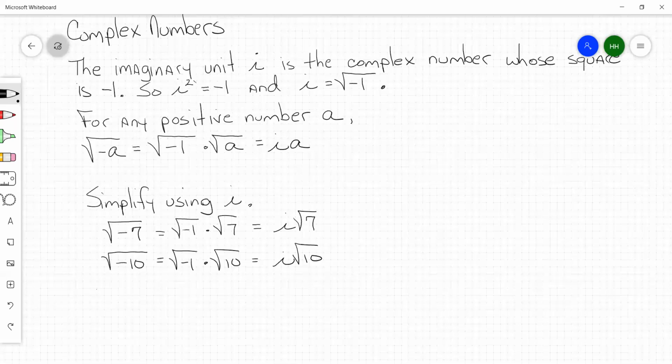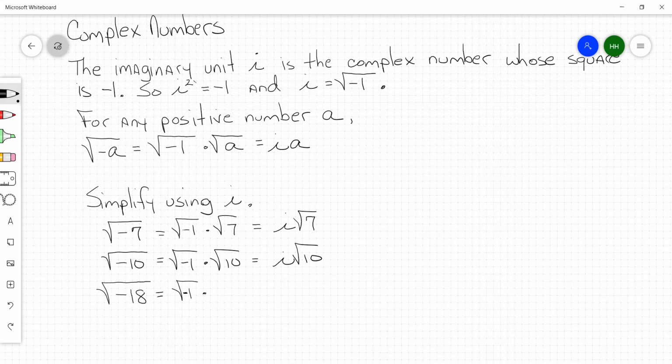Now, if you've got the square root of negative 18, remember, you've got the square root of negative 1, but the number 18 has a perfect square in it.